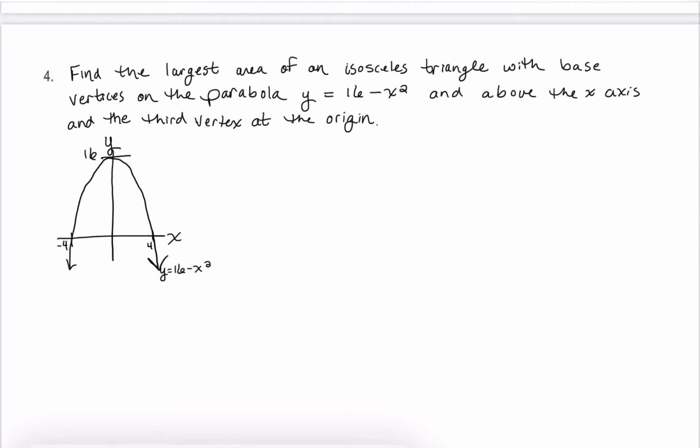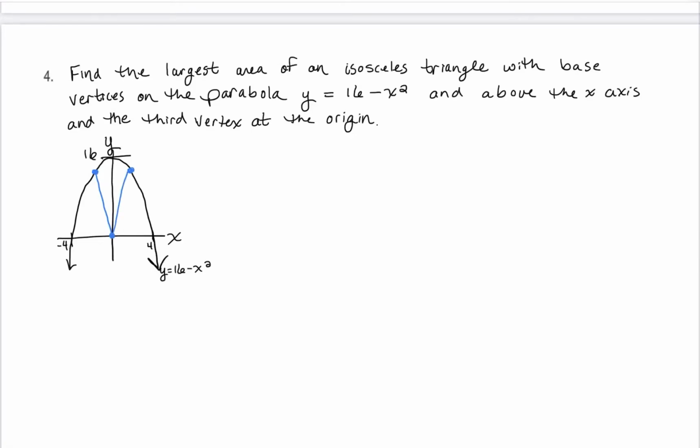We're trying to find, if I have the two vertices parallel and above the x-axis, and then the third vertex is at the origin. So those two are on the parabola and they're above. And this is an isosceles triangle. So when it's isosceles, you have two sides that are equal.